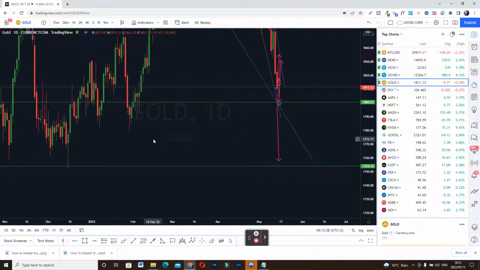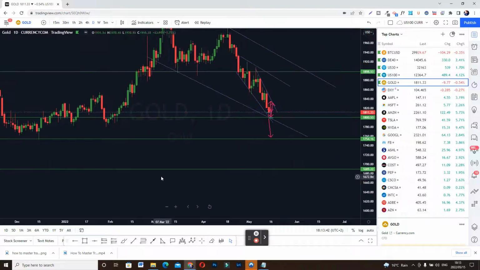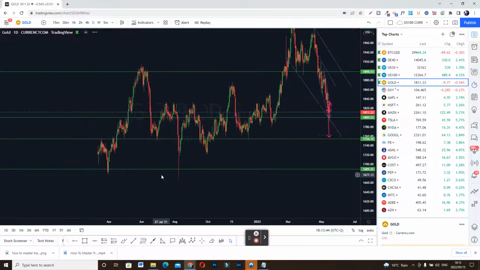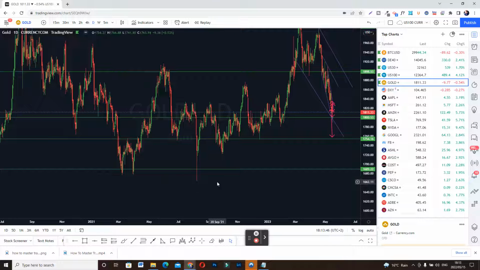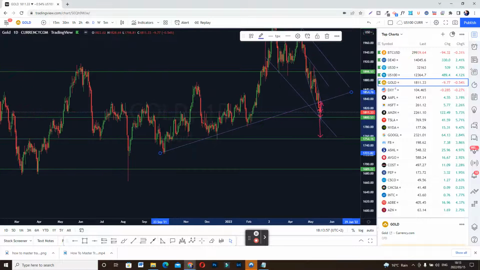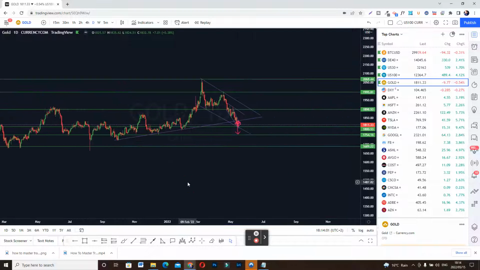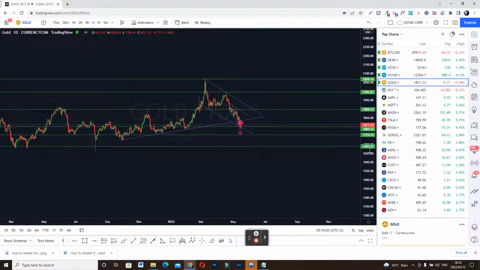So there's still a lot to the downside that can happen for gold. As I can see, gold actually broke a level, a channel that gold was moving in, and it's going to the downside.